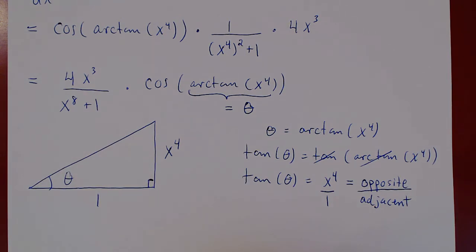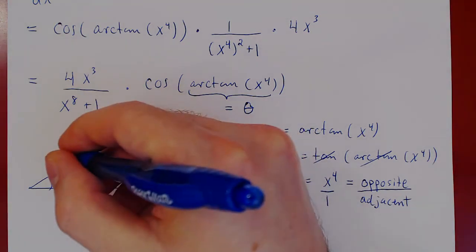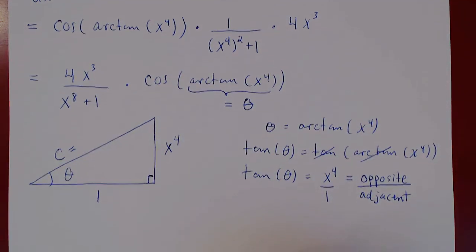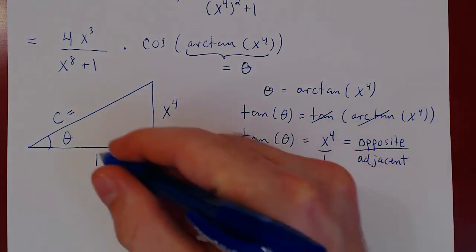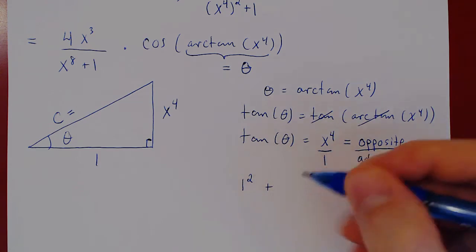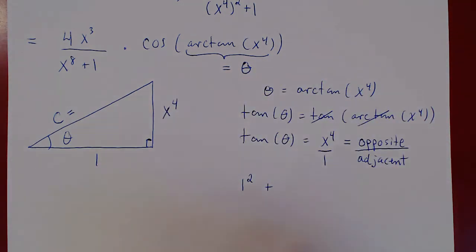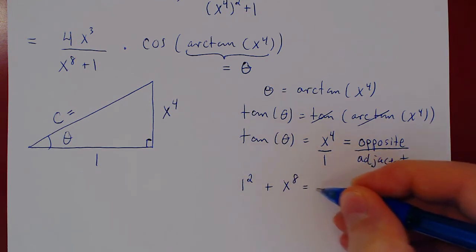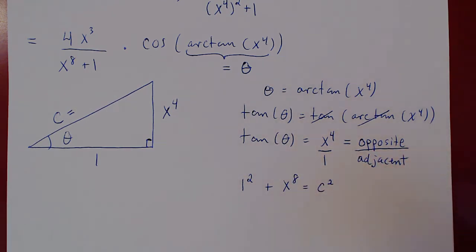And once again, we can complete this right triangle using Pythagoras' theorem. We want the hypotenuse, call that c. By Pythagoras' theorem, the base of the triangle squared plus the height of the triangle squared, if you square x to the 4, you get x to the 8, equals the hypotenuse squared.